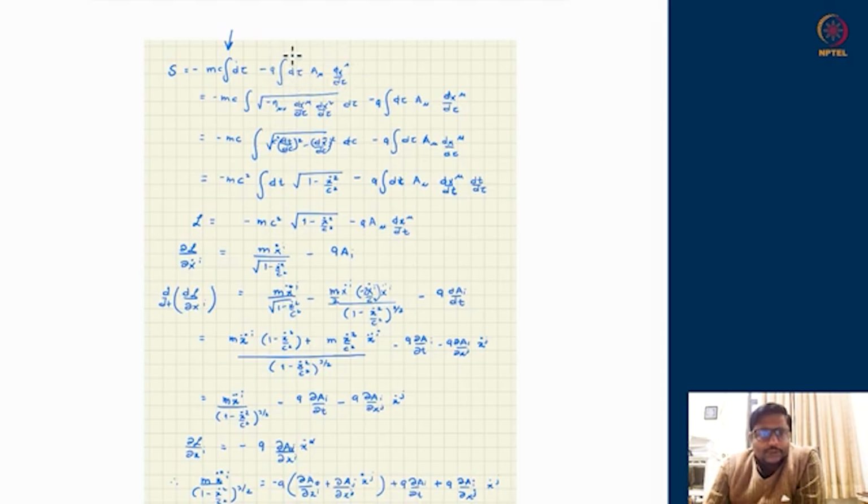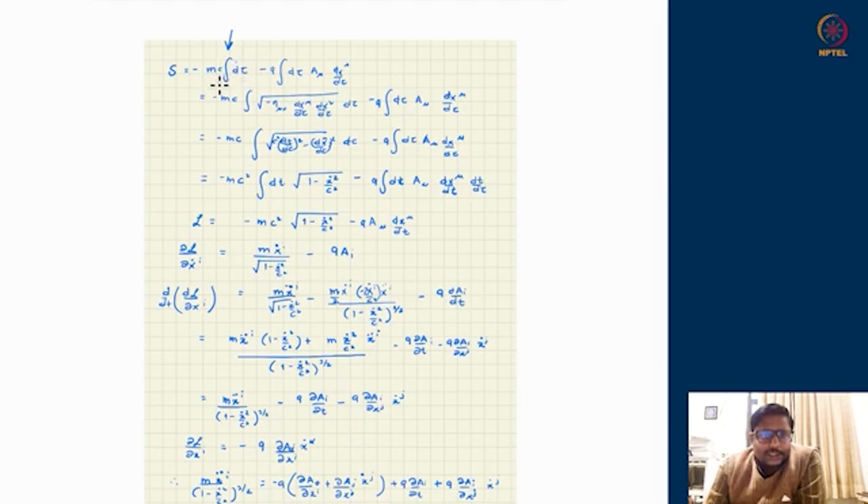Then there is a term which is the motion of a charged particle q in the presence of A mu, and there is a coupling between A mu and the velocity of the particle, dx mu upon d tau. If I forget about the second term for a moment, the first term is just the path length information. The dynamical quantity is the path length. M and C are constants.